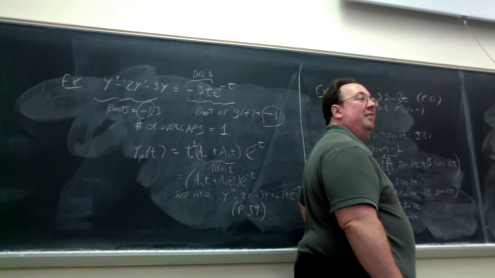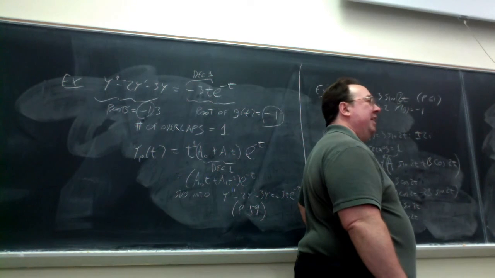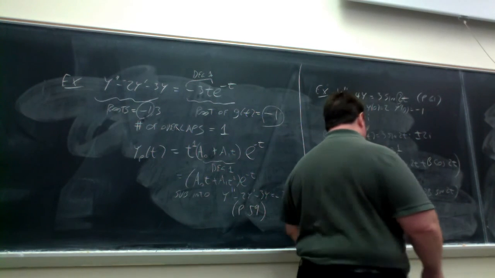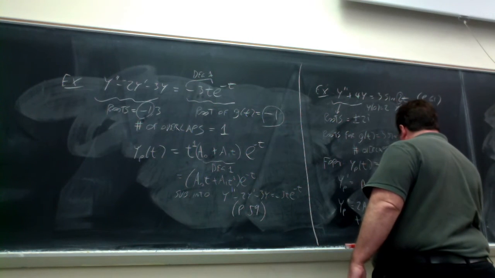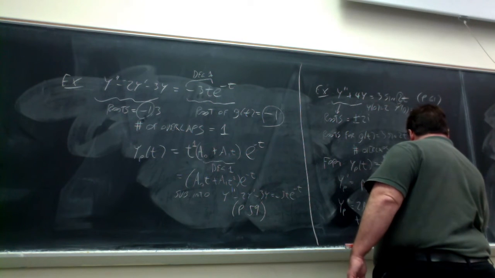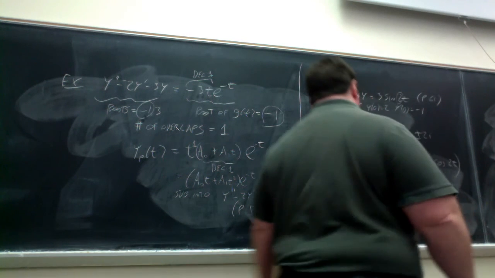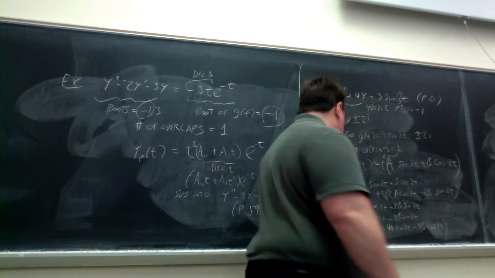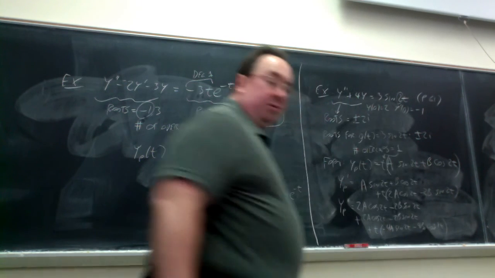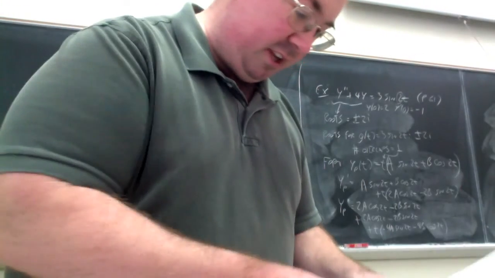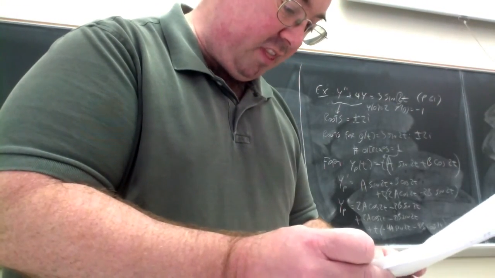Anybody? Minus 4a sine 2t minus 4b cosine 2t. Okay. And these terms can be combined to give 4a cosine 2t minus 4b sine 2t.